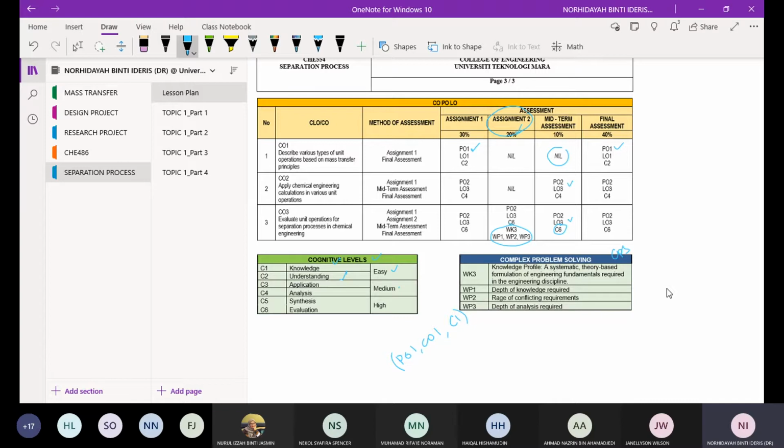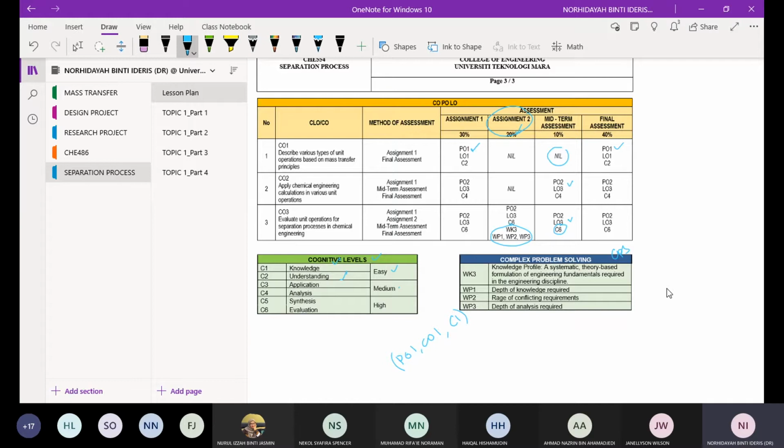That's the thing. And finally, for assignment 2, you have this additional element, which we call CPS. First, for this particular subject, the resource person has already chosen that it must have the element of WK3.